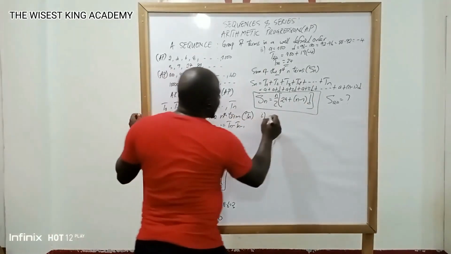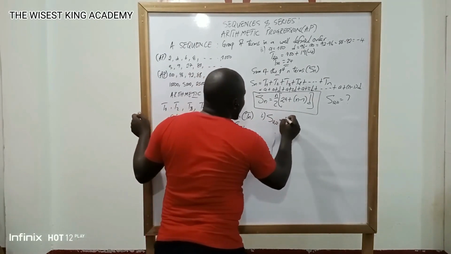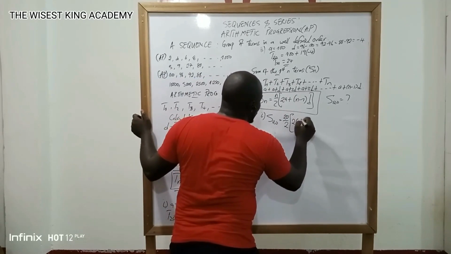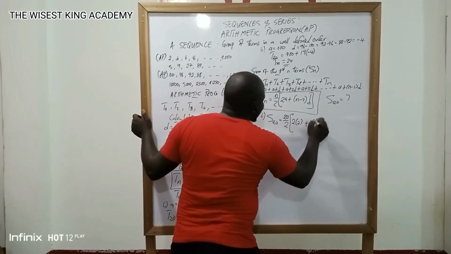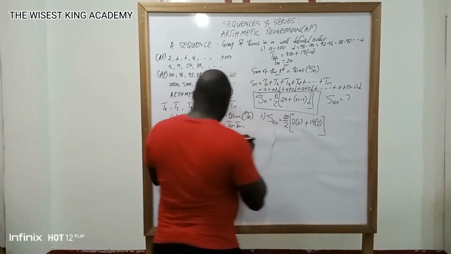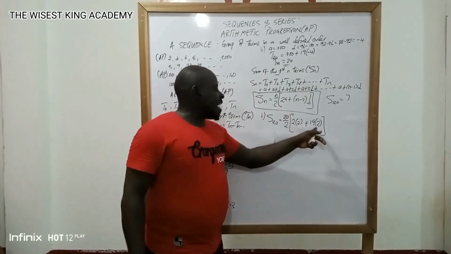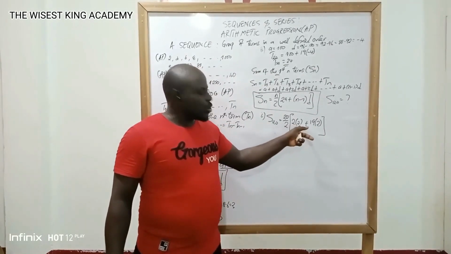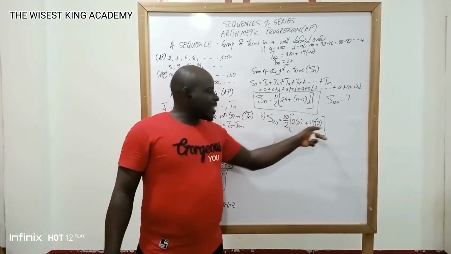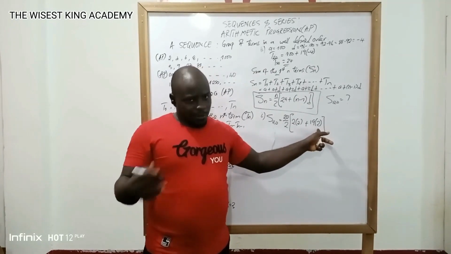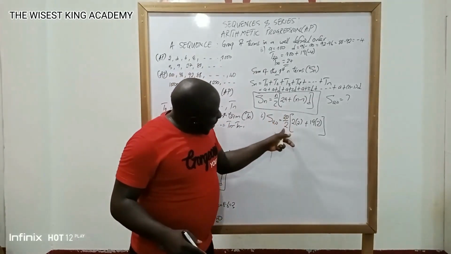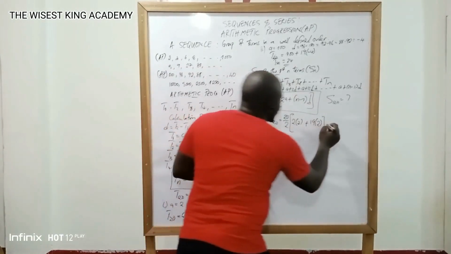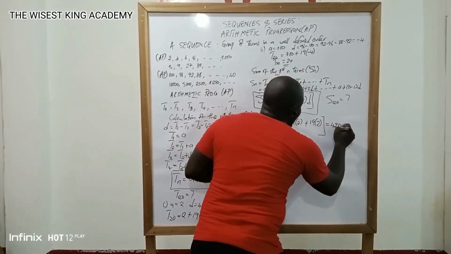So S20 here will be 20 divided by 2, open bracket 2 times 2, plus 19 times 2. 19 times 2 is 38. 2 times 2 is 4. 4 plus 38 is 42. 20 divided by 2 is 10. 10 times 42 is going to give us 420.